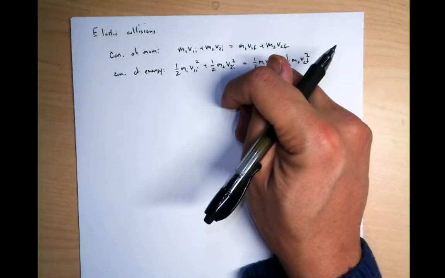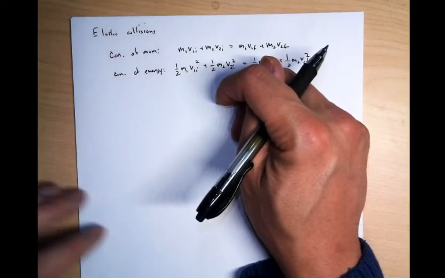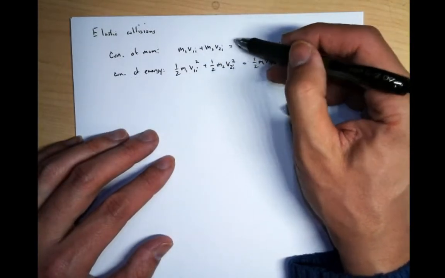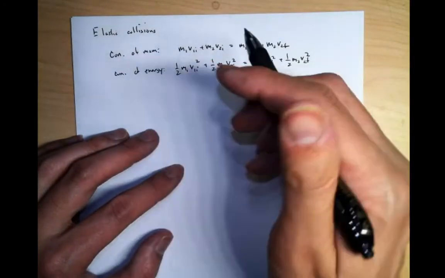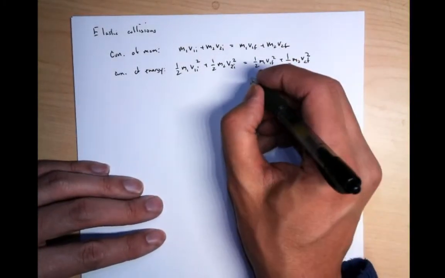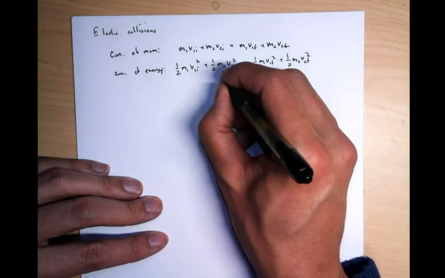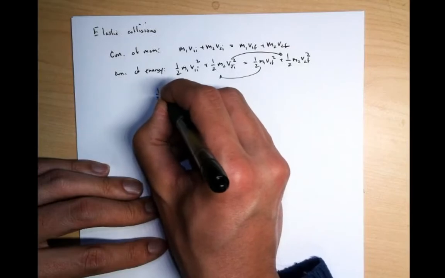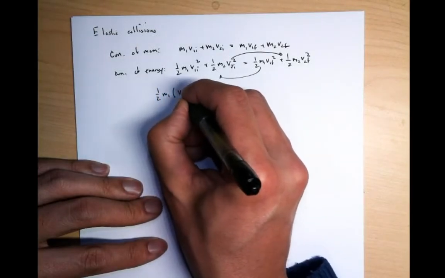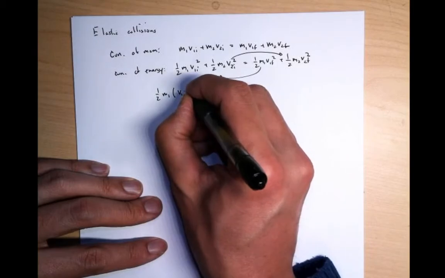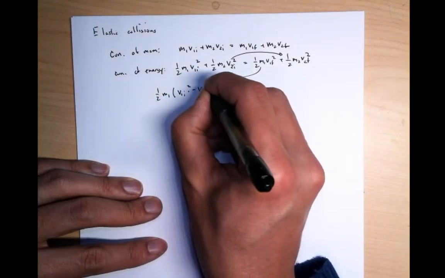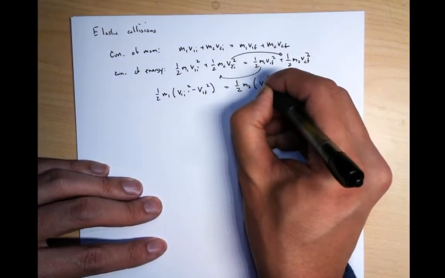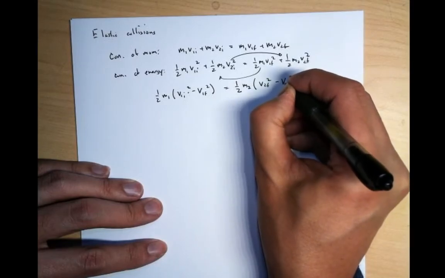Okay, so I have 2 things that we need to do, right? And so you see this is mixed form: this is quadratic, and this is basically linear. So let's try to convert them into something that looks a little better. To do that, we have to mix and match these things. So we move this one here, that one there. So this becomes 1/2 m1 (v1 initial squared minus v1 final squared), which is equal to 1/2 m2 (v2 final squared minus v2 initial squared).